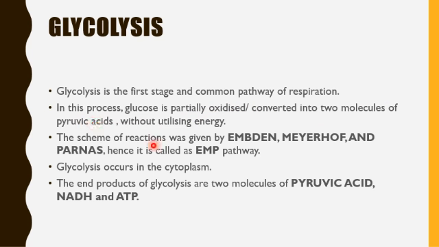The scheme of reactions was given by Embden, Meyerhof and Parnas, hence it is named EMP, so another name of glycolysis is the EMP pathway. What is the site of glycolysis? Glycolysis takes place in the cytoplasm of the cell. The end products of glycolysis are two molecules of pyruvic acid, NADH and ATP.